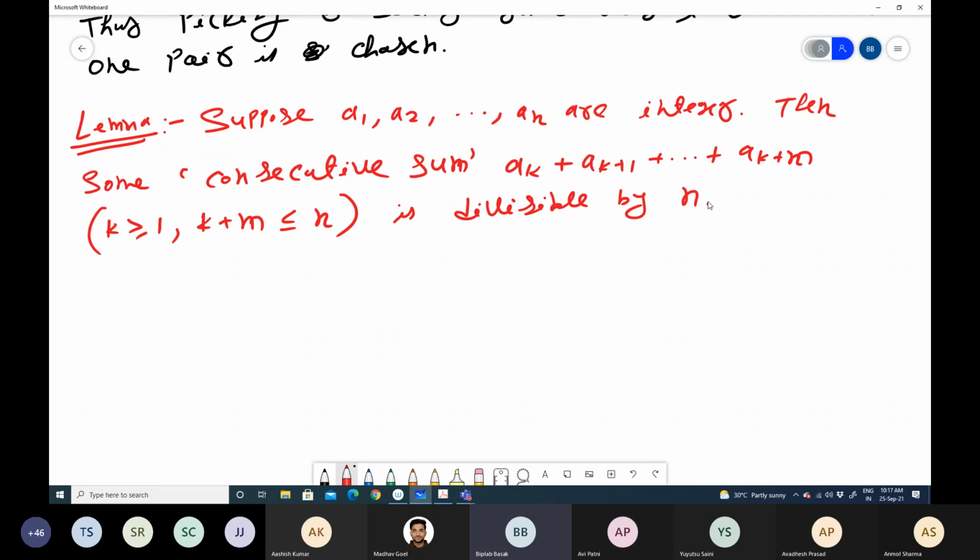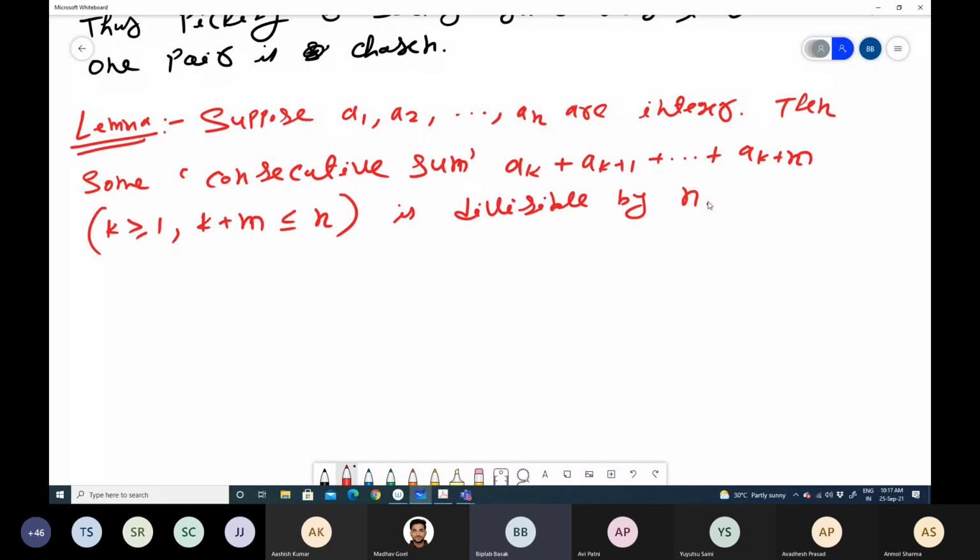Suppose you have a1, a2 up to an, these n integers. We are just renaming them a1, a2, so that we can say what we mean by consecutive. So a1, a2, a3, they are consecutive.